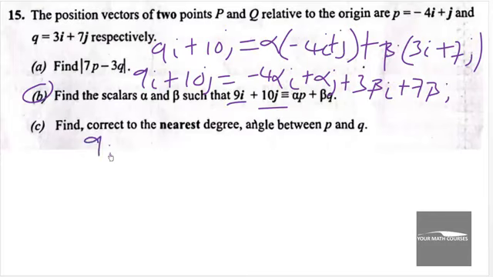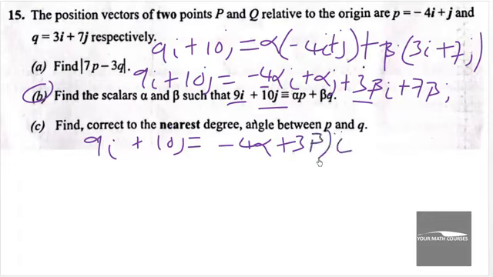Grouping the i terms, we have negative 4 alpha plus 3 beta. Then grouping the j terms, we have alpha plus 7 beta j.